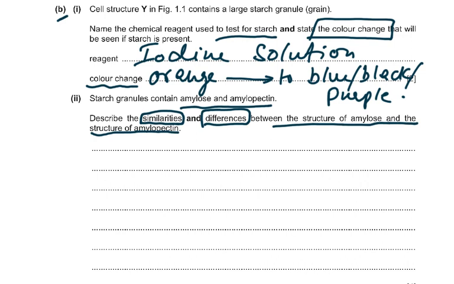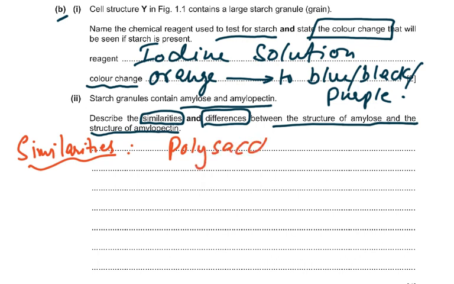So coming to the differences, I'm just going to give you all of them. Let's look at the similarities first. I usually give you a heading, and do that on the paper as well. Just write similarities. Both are polymers or both are polysaccharides. That got you a mark. Then both have alpha glucose. I'm sure you all remember that.